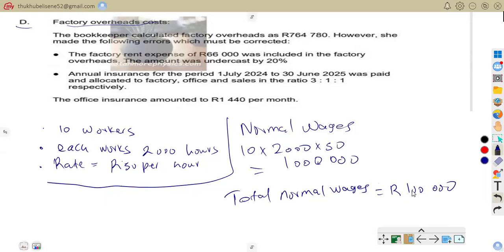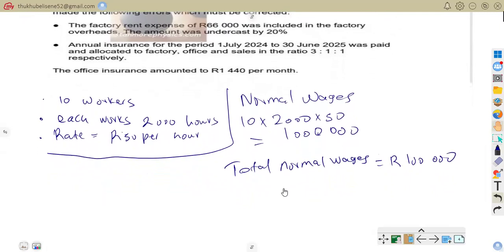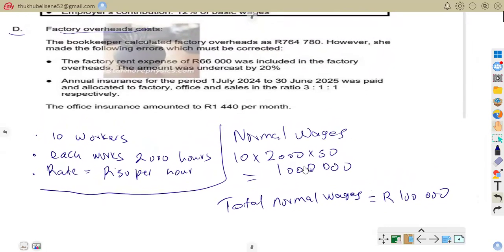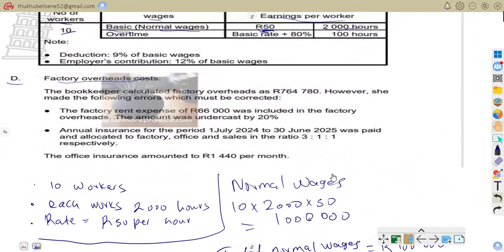So that is what you are going to write under our calculation. We are going to write this 1 million as our total normal wage. So now, before we can even go to our answer book, let us try to finish off this.